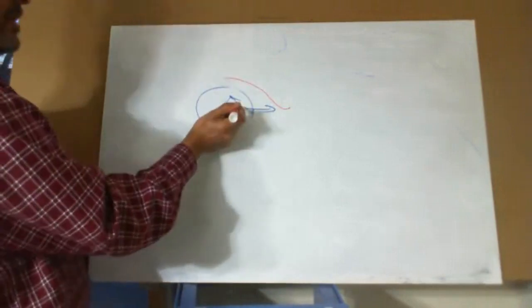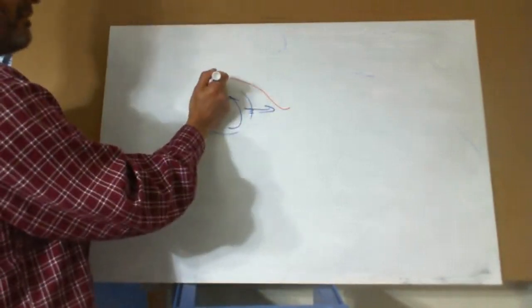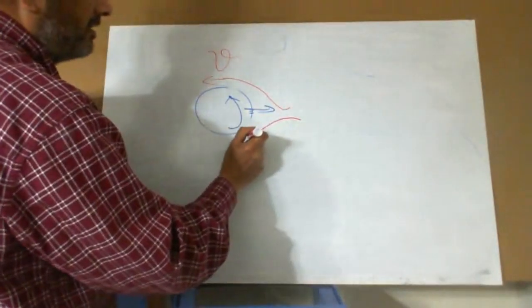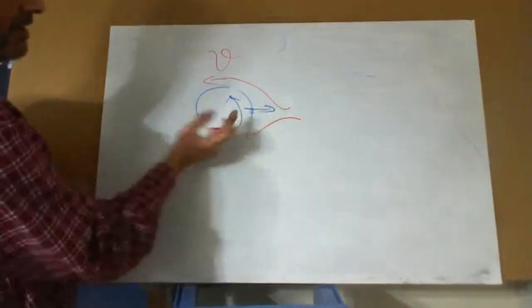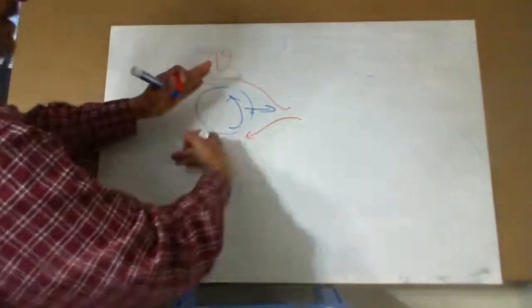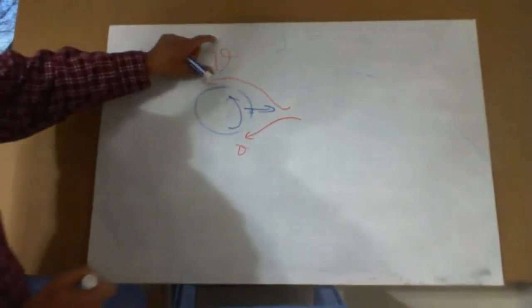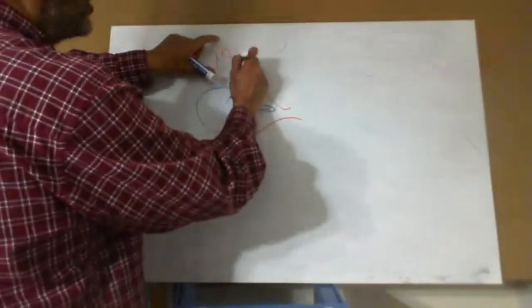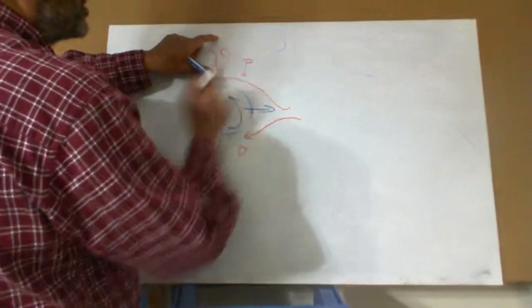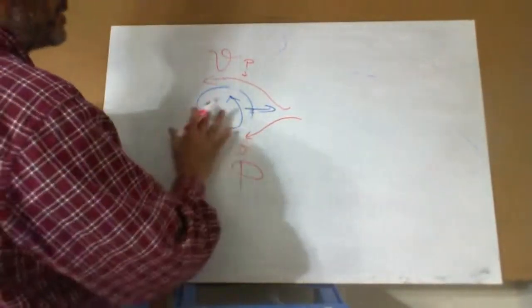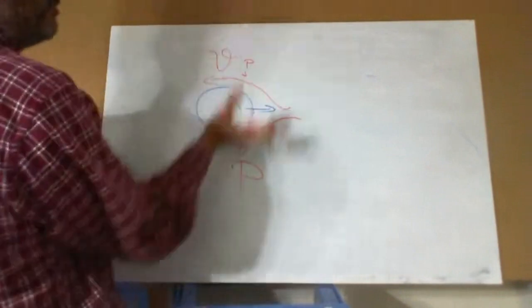Because it's turning this way, it will pull the air and the speed of the air will increase. Whereas on the bottom, the air is coming this way, they're opposing. This is going this way, the air is going that way, the speed will decrease. Larger speed means smaller pressure, so the downward pressure is smaller. Smaller speed, larger pressure. So as it goes forward, the pressure pushes it up.